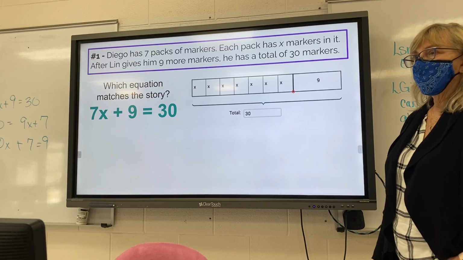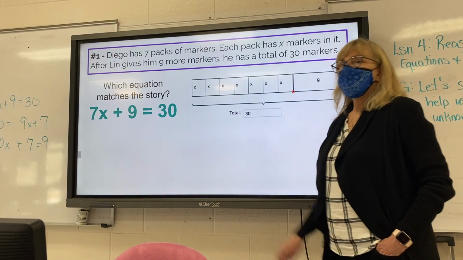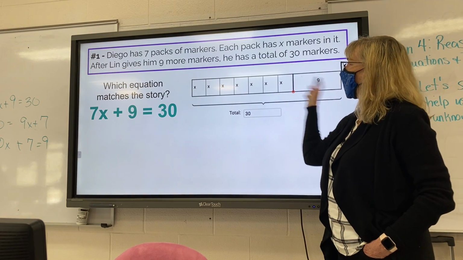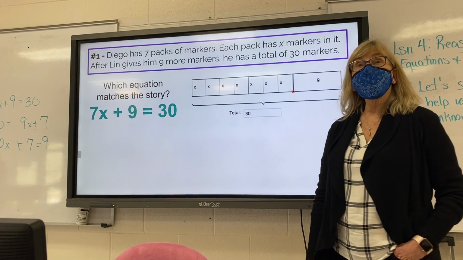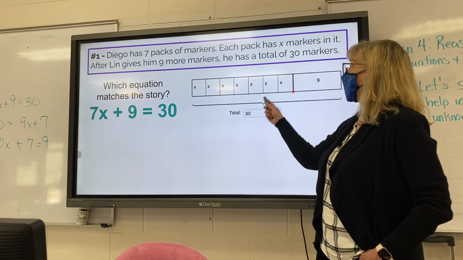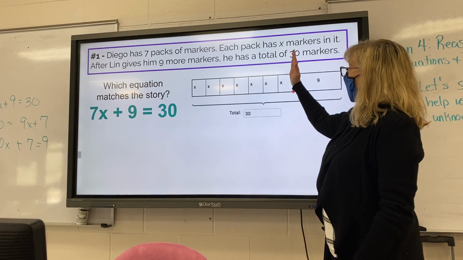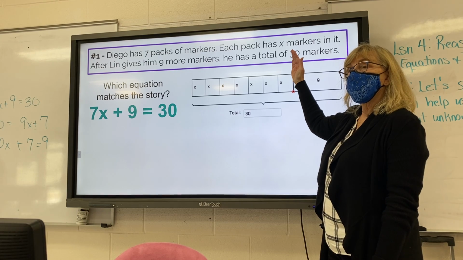If we divided first, are all of these blocks equal? No. So can we divide 30 by 8? No, that wouldn't do us any good, would it? Okay, if we divide 30 by 7, that would be fine if that 9 wasn't there, right? So what do we need to get rid of first?